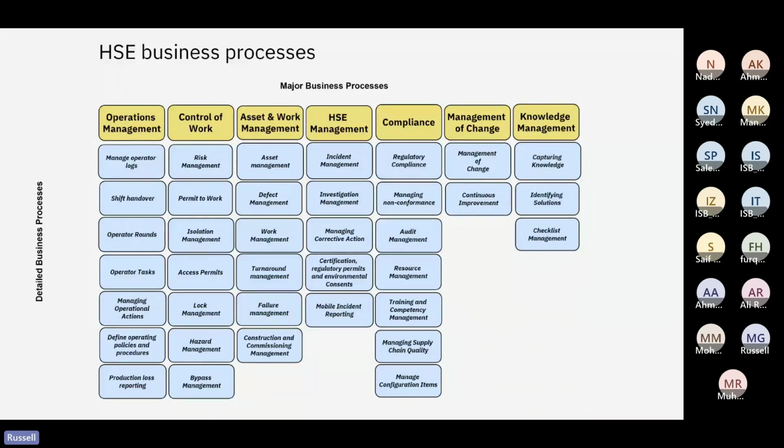This allows you the capability to investigate multiple different forms of incidents. So you could have a reliability incident, you could have an environmental incident, you could have a safety-related incident, and they can all be investigated through the investigations capability.